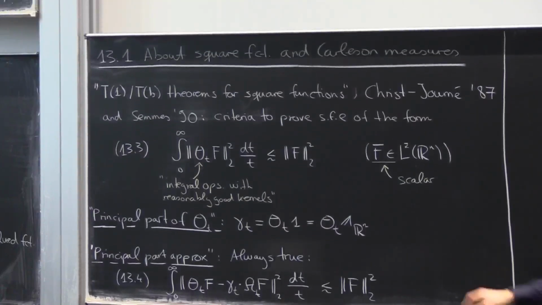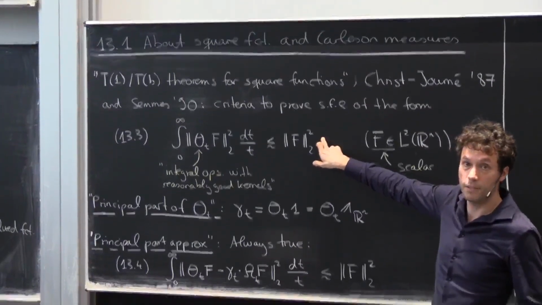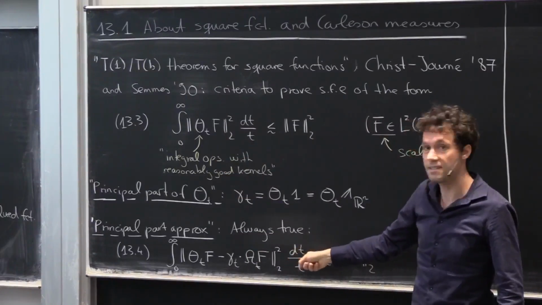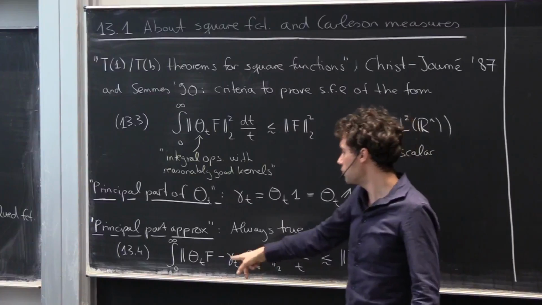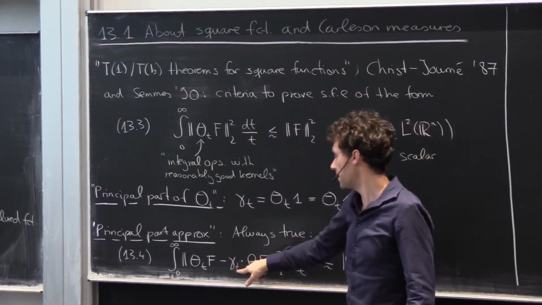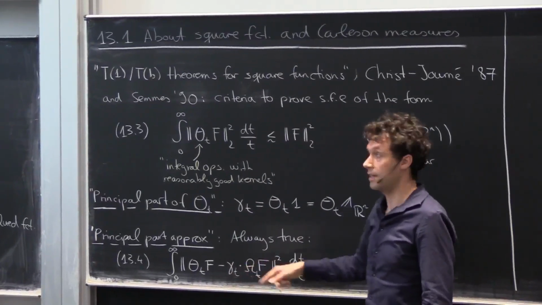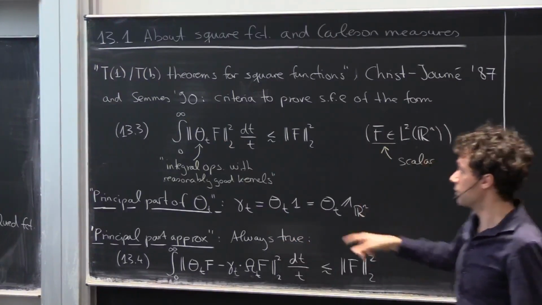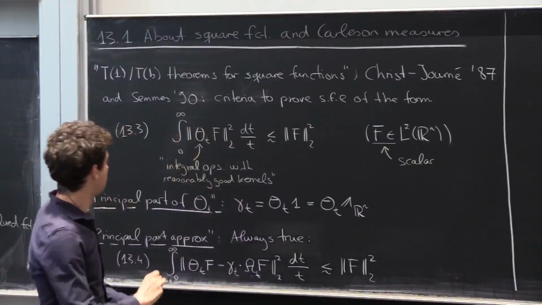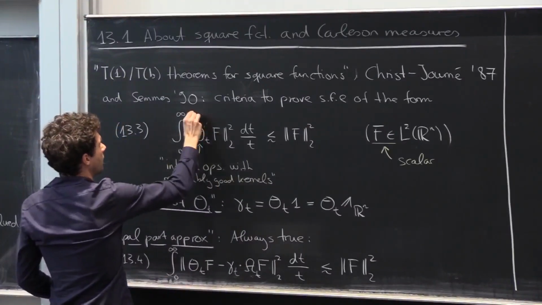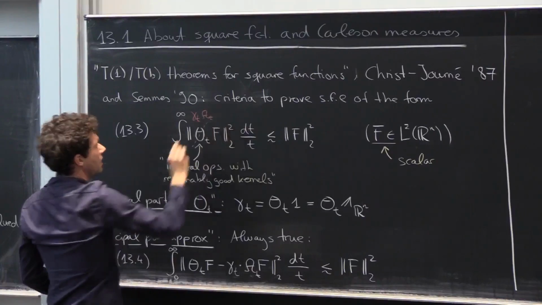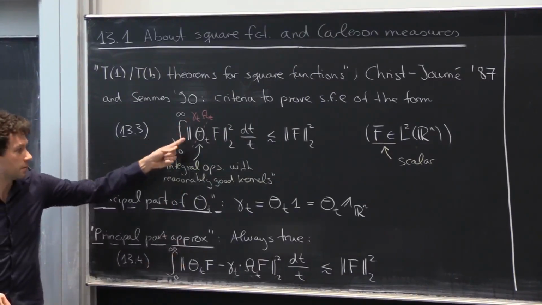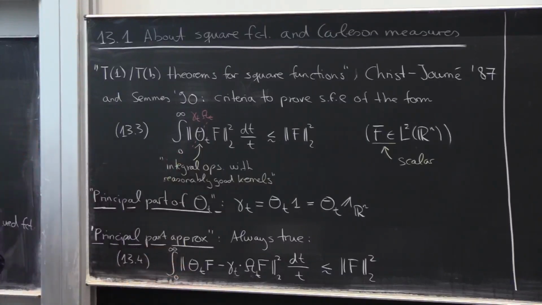It turns out that I can write this in a different way. I want to characterize the validity of this estimate, but this other estimate is always true, so I can just do a simple triangle inequality, add and subtract this thing here, and I see that instead of proving this estimate, I may equivalently replace theta t of f by gamma t A_t of f, because the difference between the two is always controlled by the estimate that is always true.